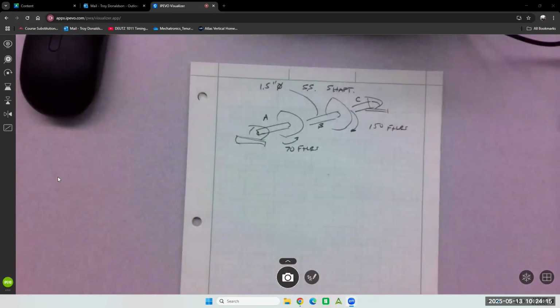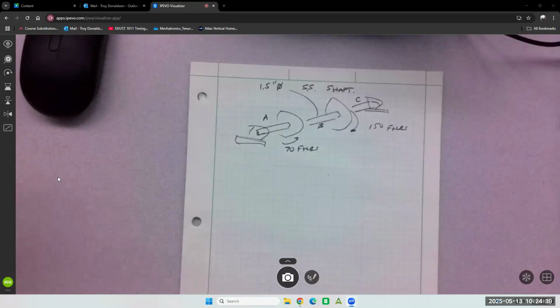There's 3 sections to the shaft. I'll give you a couple seconds to draw. Don't know their lengths because you don't need lengths when you're calculating torsion. You need lengths when you're calculating angle of twist. So that's deflection, right?